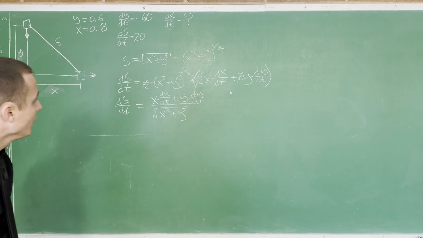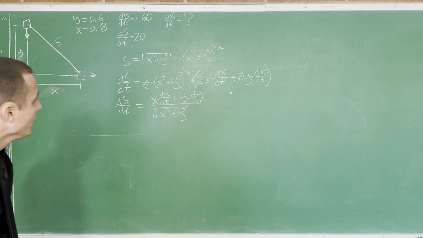Okay, so now we're looking for dx/dt at the other points. I just need to get this by itself and then plug everything in. Just solve for this first. Multiply both sides by this thing.